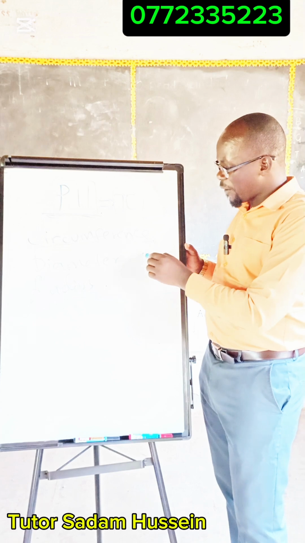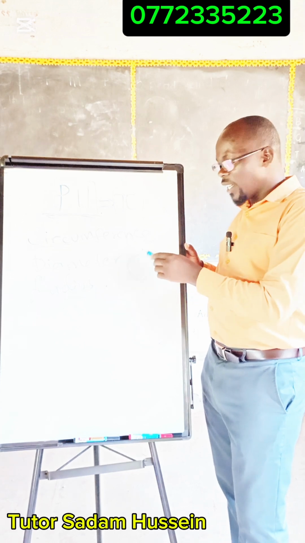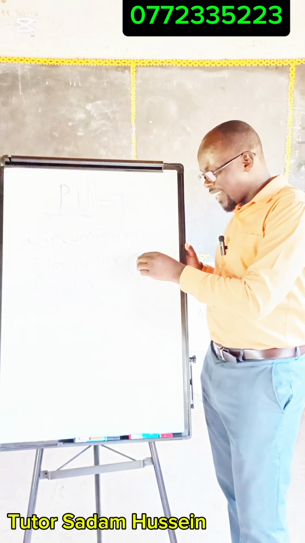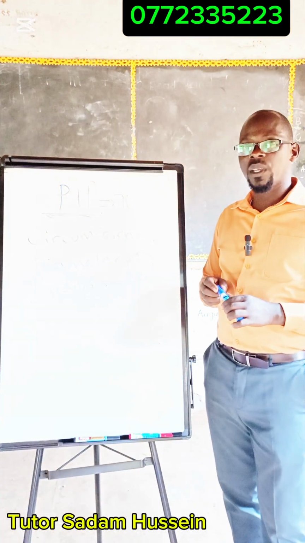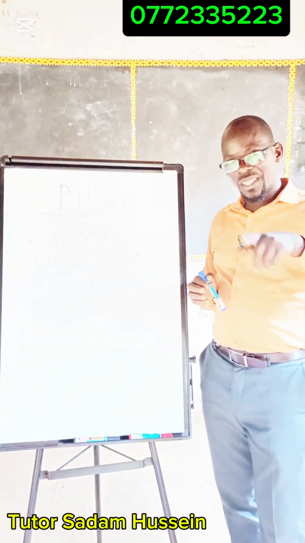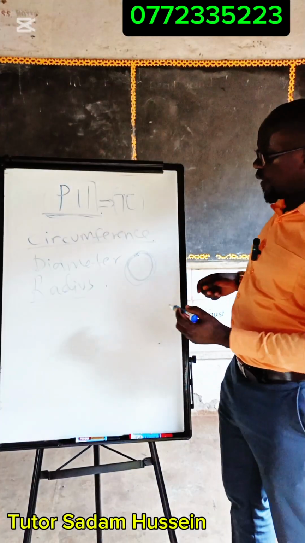For example, if this is the circular figure that you are seeing here, the total distance right from here up to here is what we call the circumference. Actually, it's just like perimeter. Perimeter being the total distance around any figure, but this one specifically deals with circular objects. That is what we call circumference.